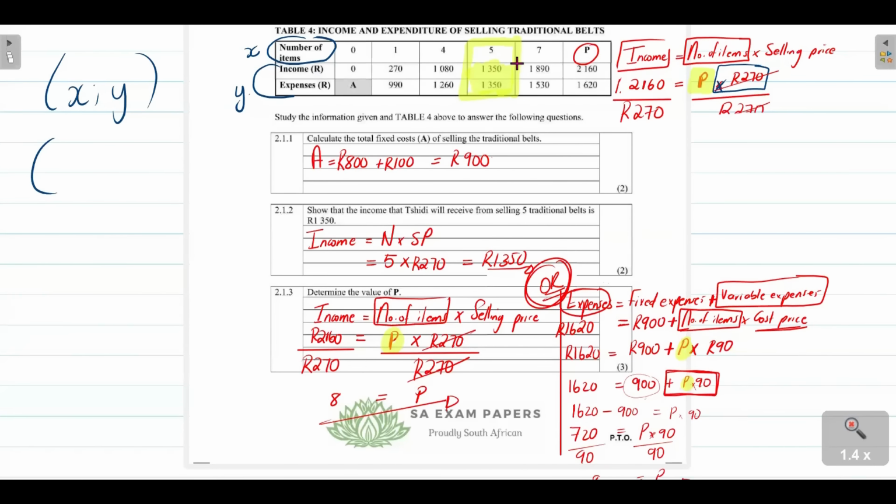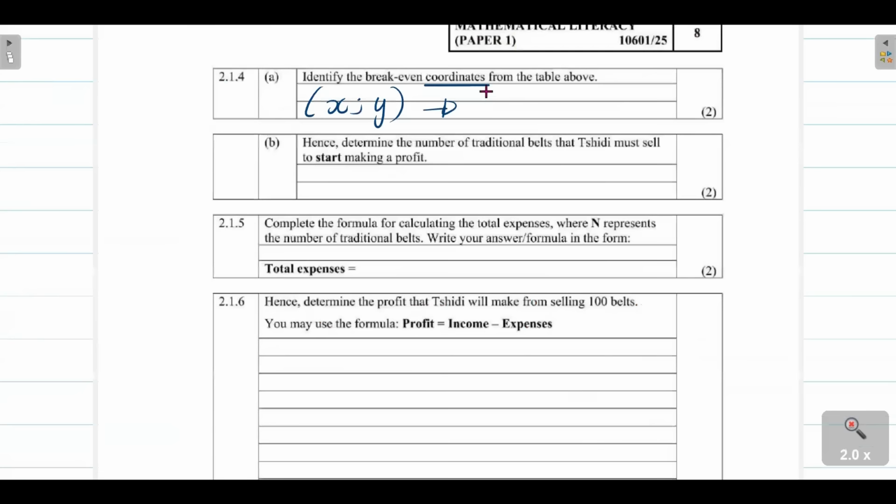The 1,350 is the y coordinate. What's the x? It's 5. So in this case, the x is the 5 items, and then the y is 1,350. Am I making sense with what I'm saying here? Yes, ma'am, you are.